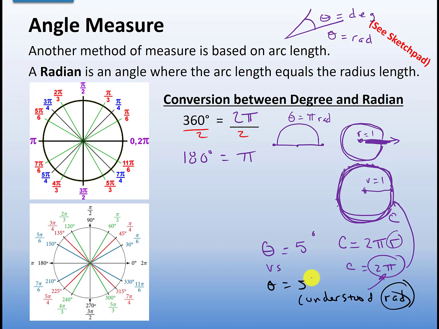But at first, I'll probably put rad here to help us keep this differentiation going. But later on, we won't do that. Okay, so over here is the important thing to get a handle on. If I turn all the way to this side over here, that is pi radians. But what if I divide by 2 again?